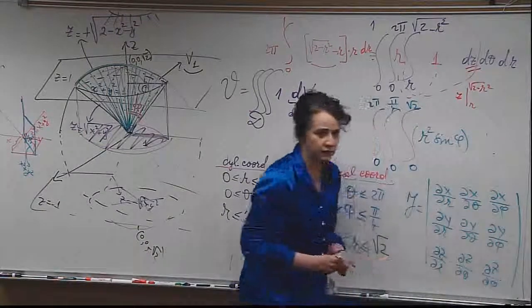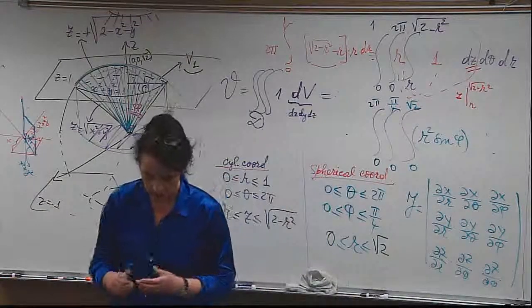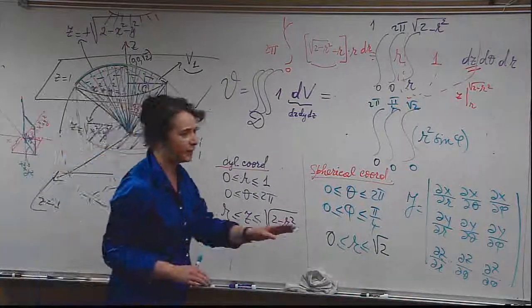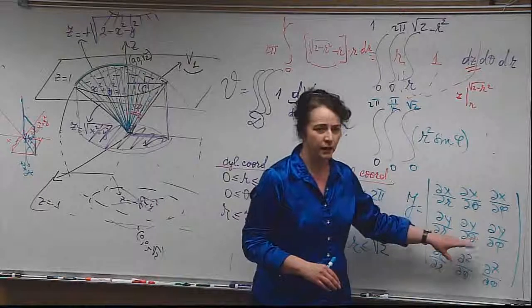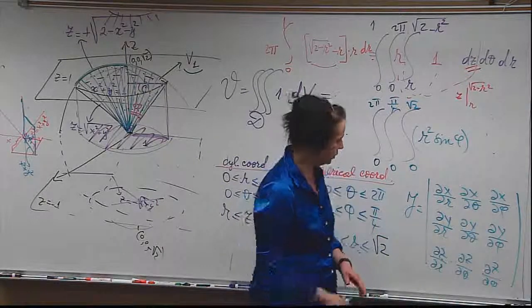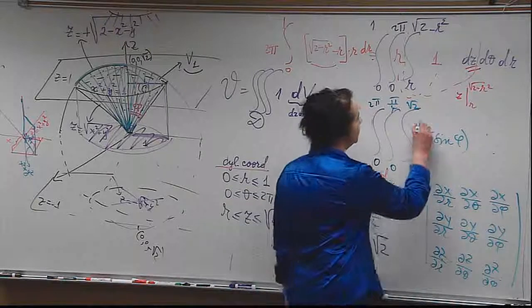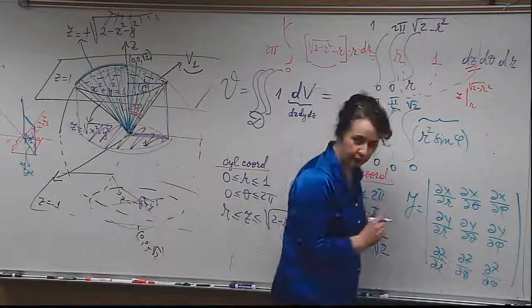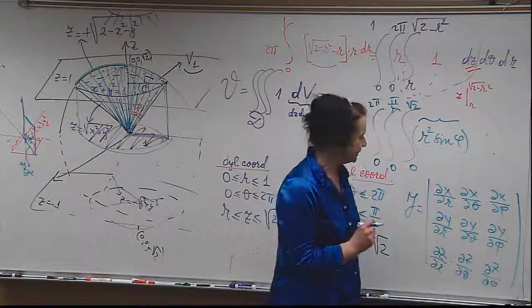I thought I was about to kill myself, just collapse and not finish my exam. I finished my exam, but since I didn't remember that, I had to compute it. It took me 10 minutes to compute the Jacobian, or 15. So this is r squared sine phi. If you have nothing better to do, you can do that.